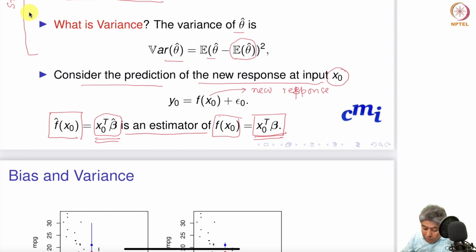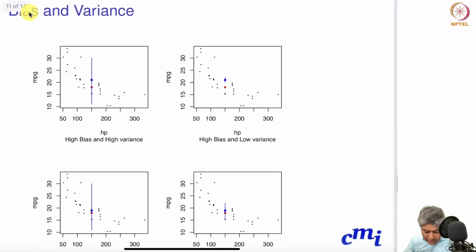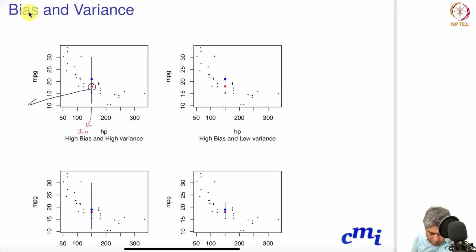Okay, now how do bias and variance behave? Suppose this is the point for which you want to do the estimation. The true f of x0 is, suppose, here, this red point. This is the true value f of x0.